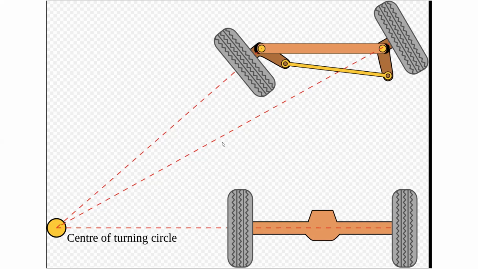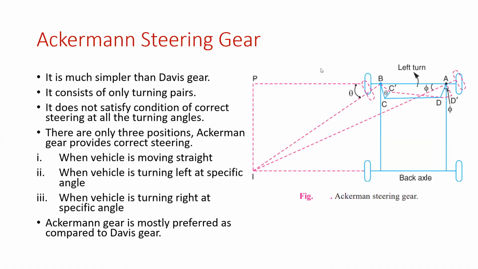But most of the times, whenever there is a sharp turn, we slow down the vehicle, and because of slowing down, we can control the wear and tear. It is one reason that the Ackerman finds very wide applications. Mostly Ackerman steering is used mainly due to its simplicity of construction. That makes it a popular choice.